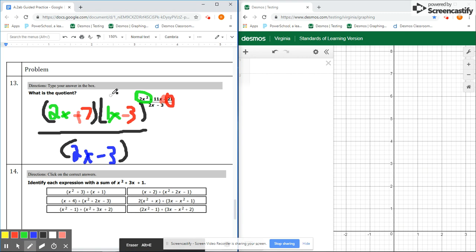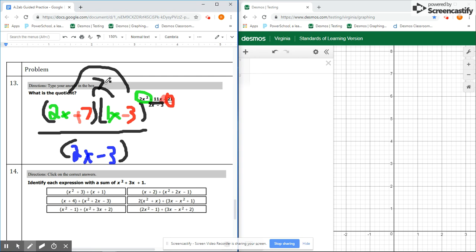Now when we check, remember we needed to add to positive 11. This is going to be 7x and negative 6x. And that's going to add to positive 1x. That's not 11x. All right? So this is not going to work. Need to try something else.